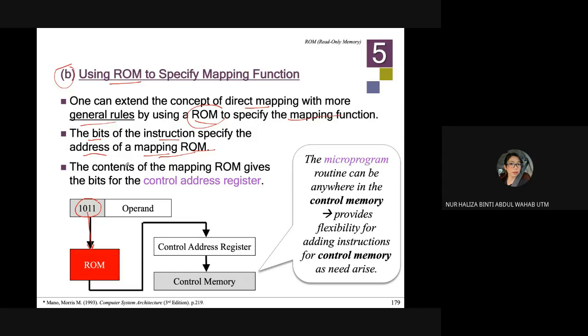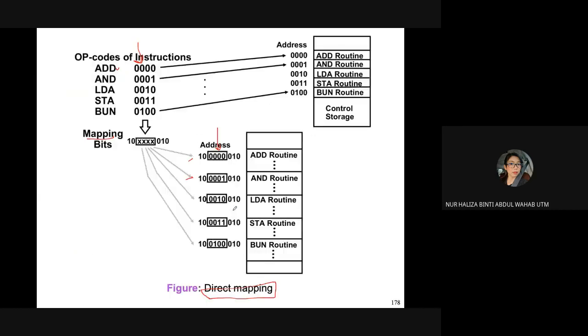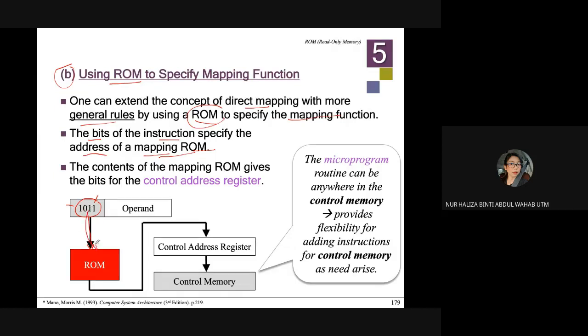Using the ROM, you send the opcode to the ROM first, and from the ROM, it will send to your control address register, and after that to your control memory. So this is the flow for the other method, ROM specify mapping function.